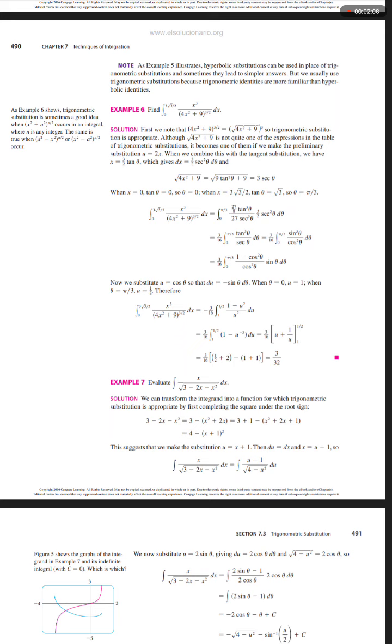When x equals 0, tangent theta equals 0, so theta equals 0. When x equals 3 times the square root of 3 over 2, tangent theta equals the square root of 3, so theta equals pi over 3.